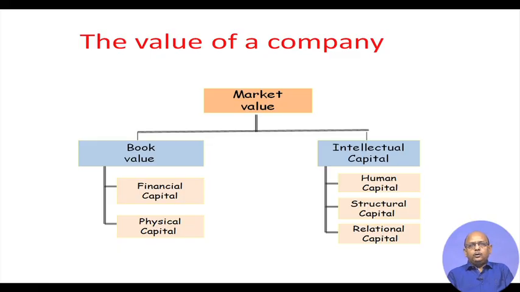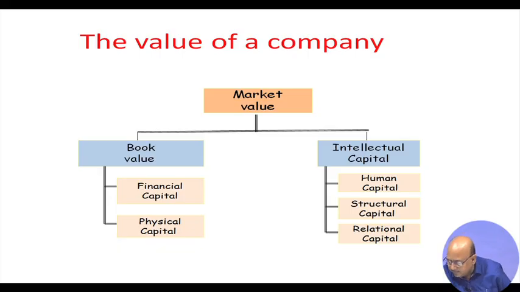So, you can measure the value of land and equipment, which is the physical capital, and how much money you have in your stocks and deposits, which is the financial capital. I have also discussed how we measure the value of intellectual capital by quantifying and measuring the different kinds of capital, and the process of creating an intellectual capital index.